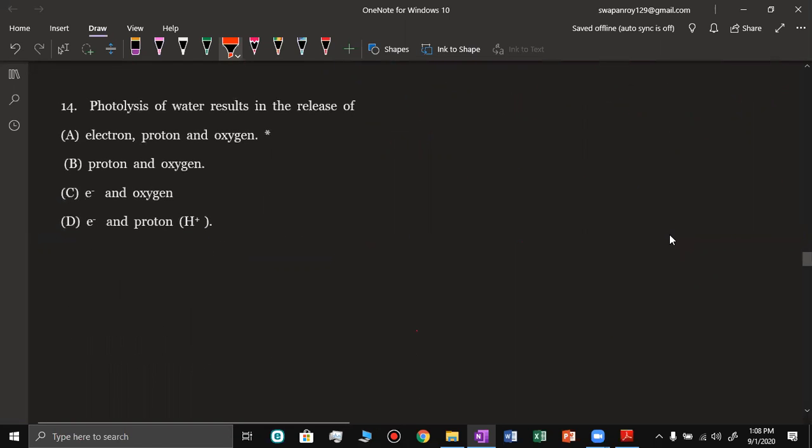Okay, the next question is a very easy one. Photolysis of water results in the release of what? Photolysis of water produces electron, proton, and oxygen.